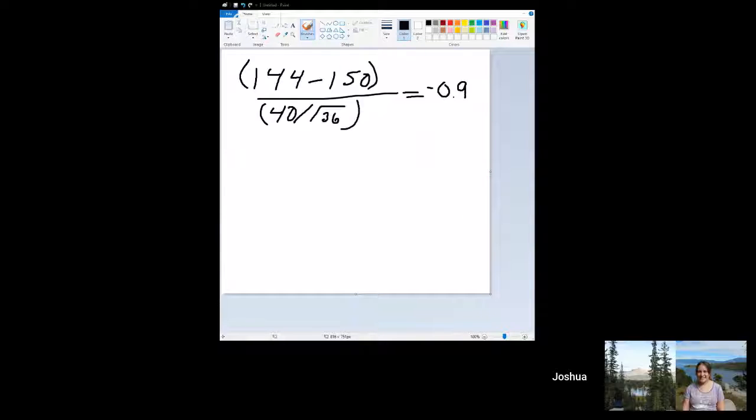So for number 16, we put in a graph. Yeah, you're just going to plug in the 0.9 into the z-score and then just shade everything to the left of the left value.